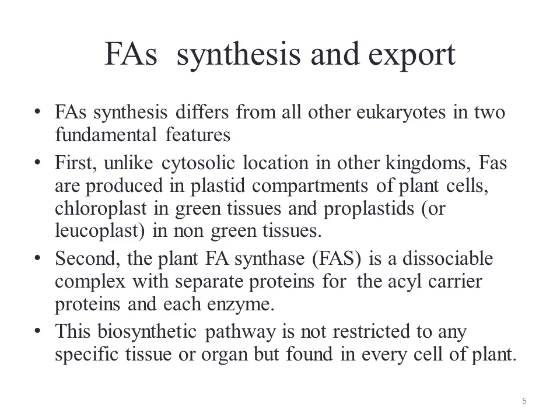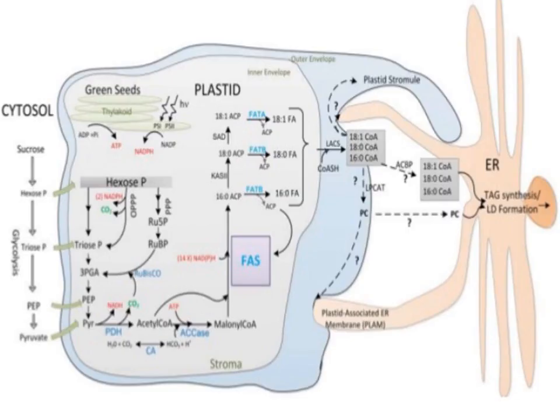So where the plastids are present, where the chloroplast is present, over there fatty acid synthesis is carried out side by side with the photosynthesis of carbohydrates, in all the cells of the plants all the time. As you can see in this picture, this is the cytosol. This inner double membrane bounded is the plastid. This is the endoplasmic reticulum and different organelles which are present in the plant cell.